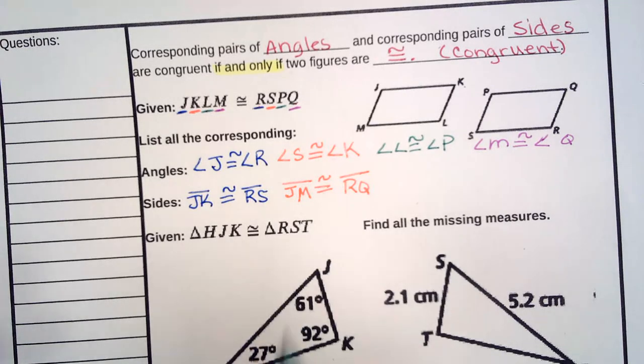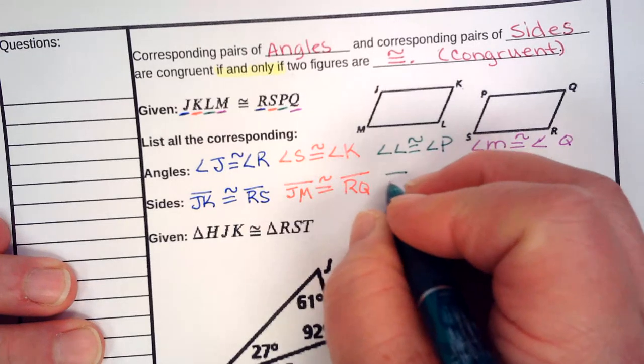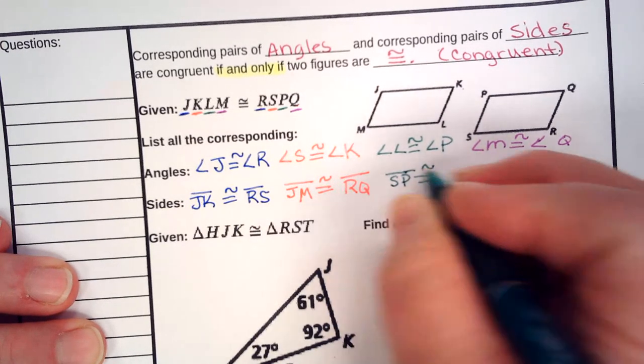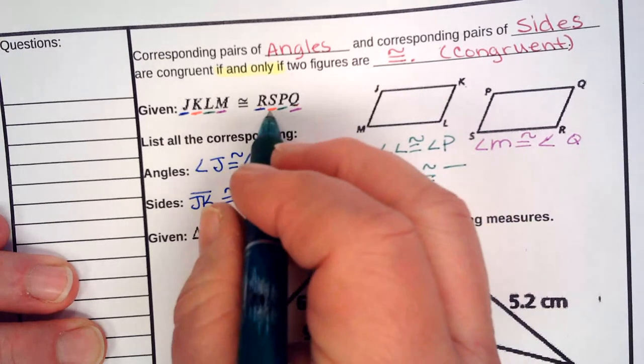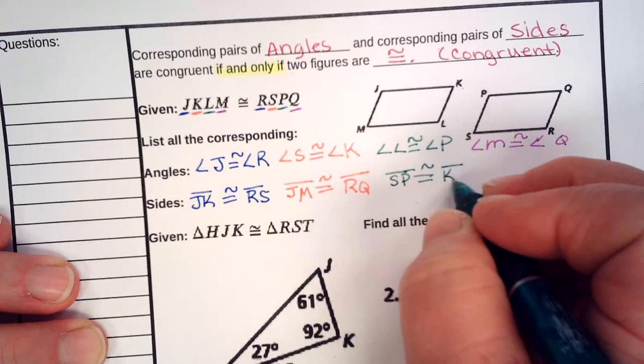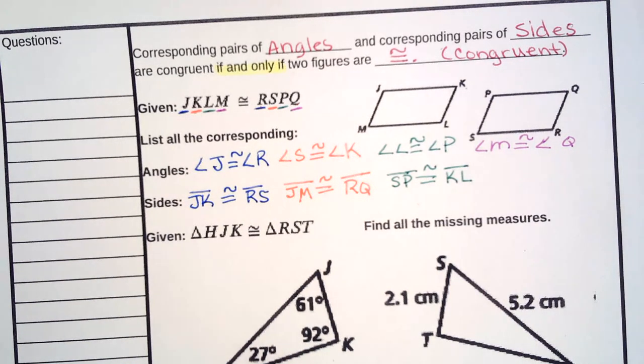Okay, let's start over here. How about the middle two? Segment SP is congruent to segment, SP is in the middle, KL is in the middle. So we've done the first two, the first and the last, the middle two. The last segment that will be congruent are the last two.